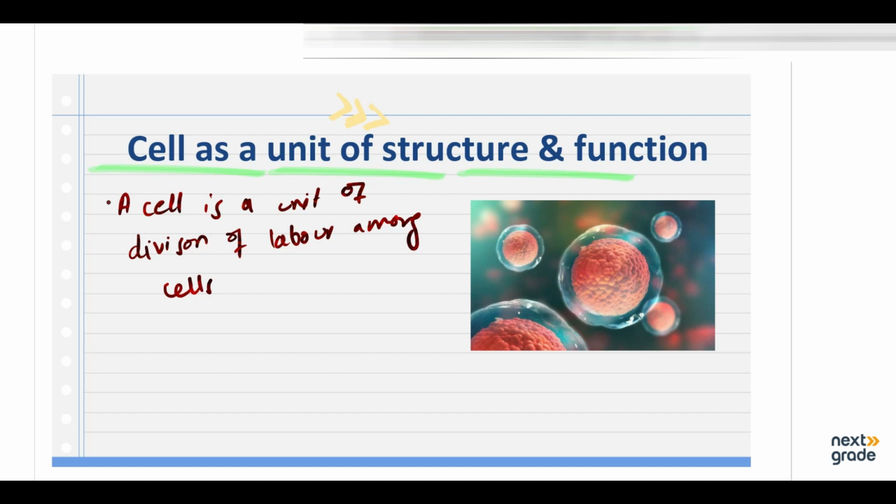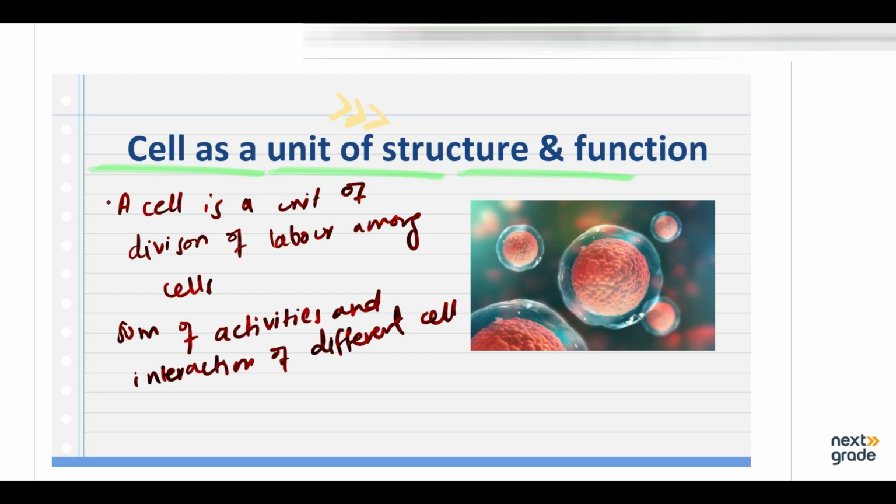So the function of the organism as a whole is the result of the sum of activities and interactions of different cells and of different components of the cell, right? Okay, so a cell is basically a unit of structure and function in living organisms.